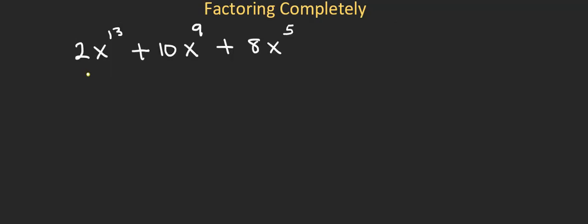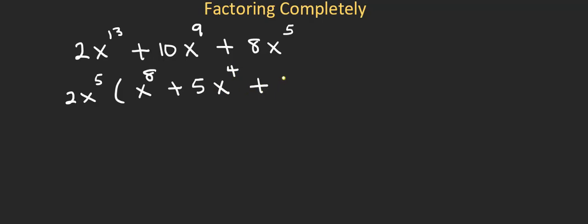Let's take a look at our last example. We've got 2x to the 13 plus 10x to the 9 plus 8x to the 5th. So the GCF will be 2x to the 5th. You'll get x to the 8 plus 5x to the 4 plus 4.